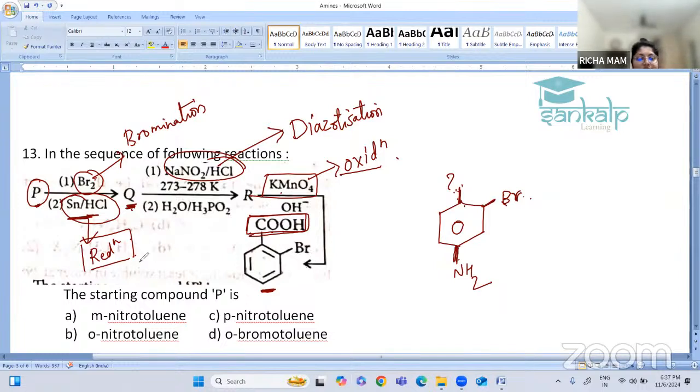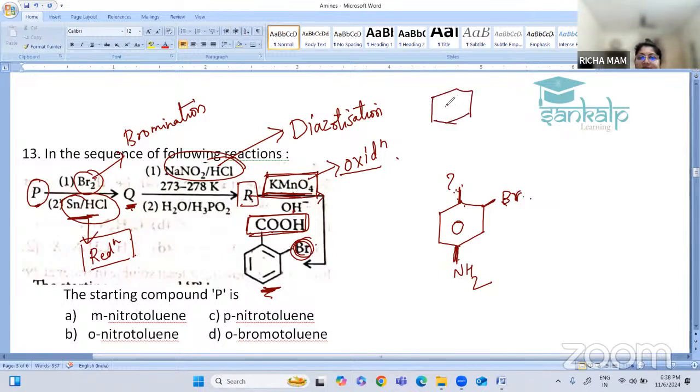Here you can see the last product, a bromo substituted benzoic acid, right? So before this, they have treated it with KMnO4 in the presence of OH. KMnO4 is used as an oxidizing agent. So our R should be such that your bromine will not get converted with KMnO4, it will stay like this only.